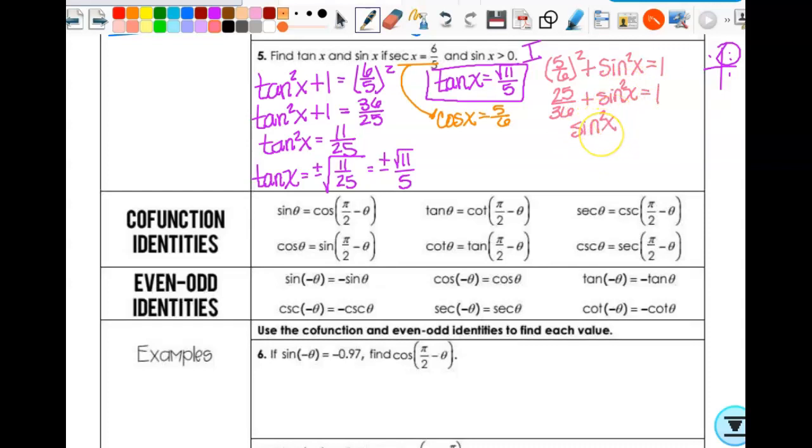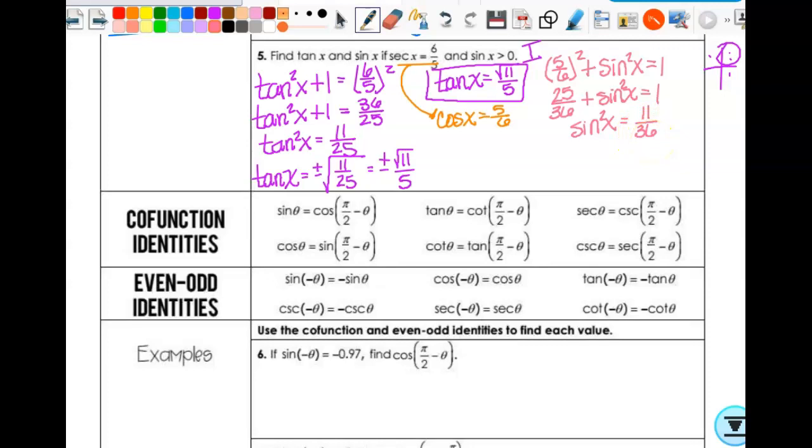If I subtract 25 over 36 from both sides, what am I left with on the right-hand side? Well, it'll be positive, but it's 11 over 36. Okay.